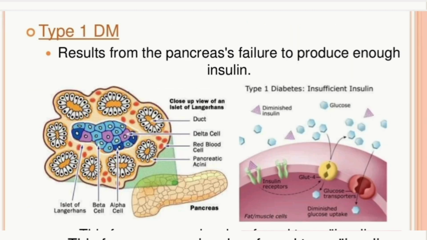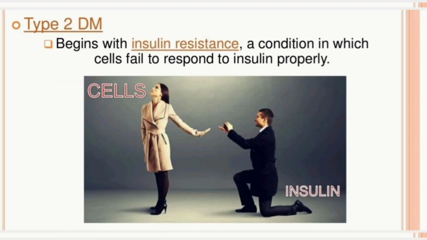Type 1 diabetes mellitus results from the pancreas's failure to produce enough insulin. Whenever the pancreas is not able to produce enough insulin, then type 1 diabetes mellitus occurs. Type 2 diabetes mellitus begins with insulin resistance, which is the condition in which cells fail to respond to insulin properly.